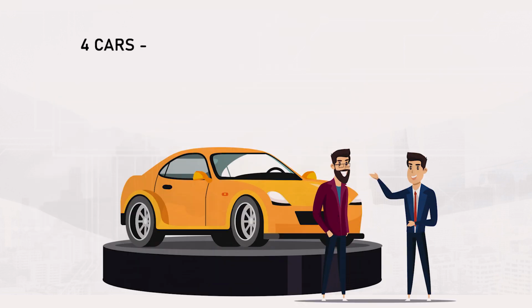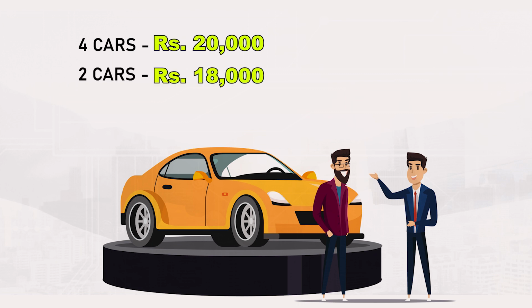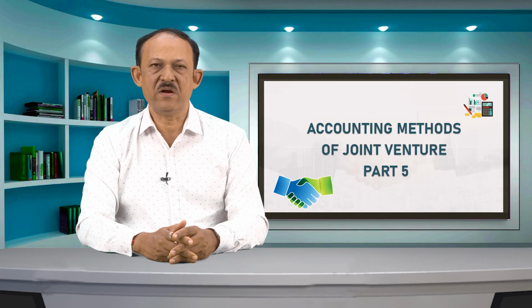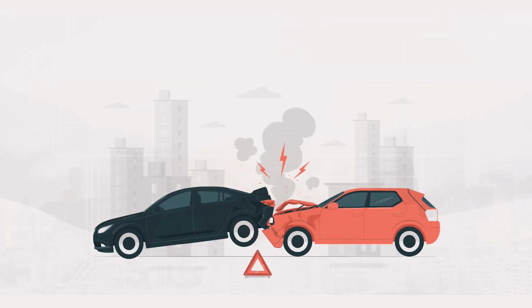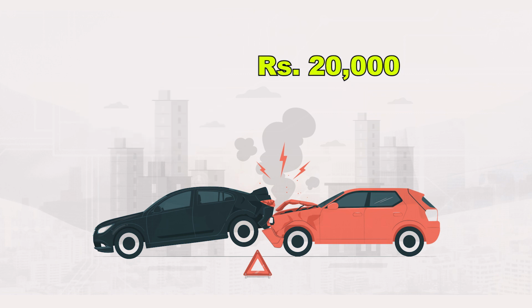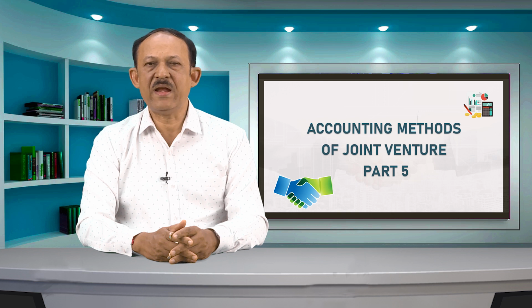He sold 4 cars at rupees 20,000 each, 2 at 18,000 each and 3 at 17,000 each; sundry expenses rupees 2,300. 2 cars were damaged by an accident and he received an insurance claim of rupees 20,000. He retained the remaining car for himself at an agreed value of rupees 15,000.